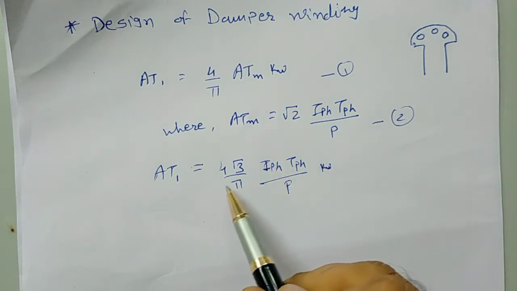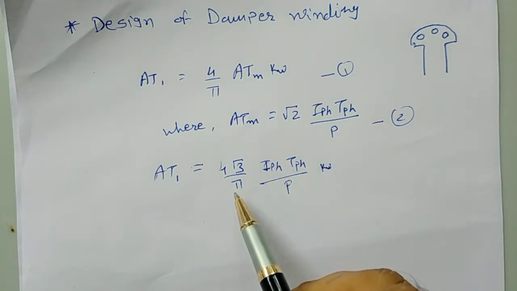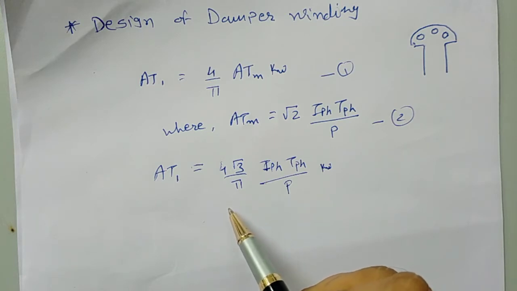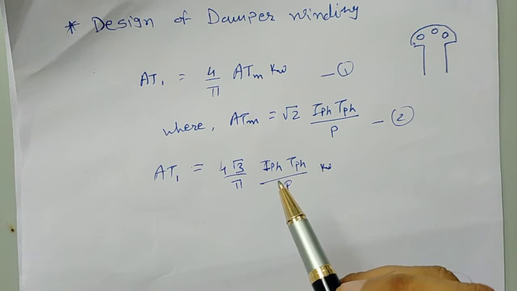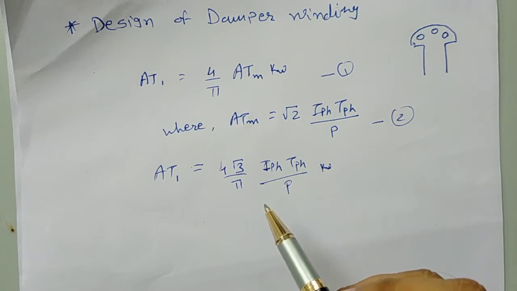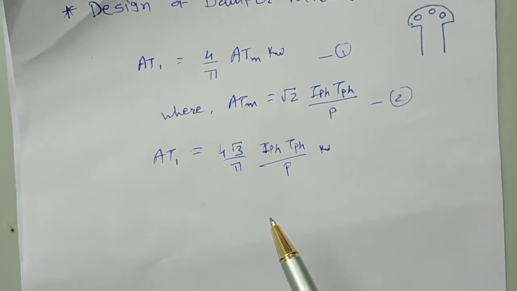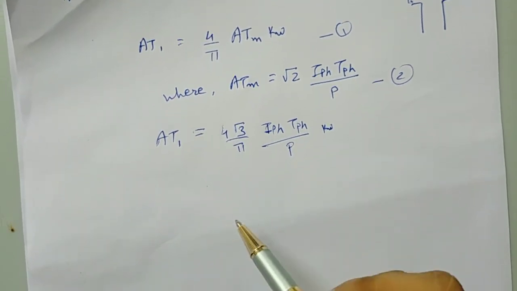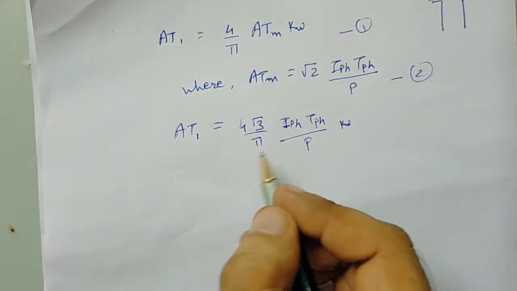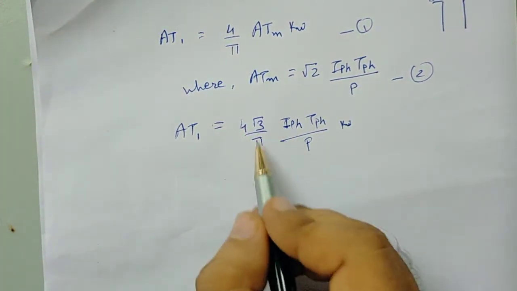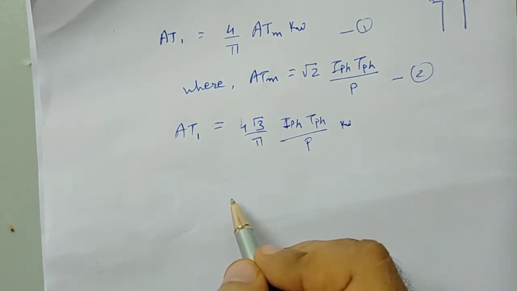Simply, half of the MMF is for the forward field and half is for the reverse field, because the damper winding will be active when hunting is present, and the oscillation can happen in both directions, in the same direction as the rotating magnetic field or in the opposite direction. So the MMF of damper winding is half of this MMF.